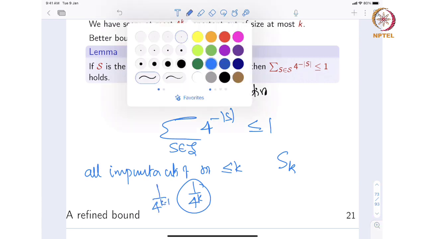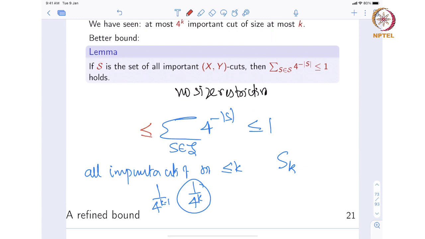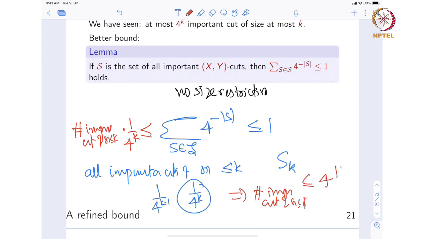So I can come up with a lower bound. The sum is at least the number of important cuts of size at most k times 1 over 4 to the power k. So that implies that the number of important cuts of size at most k is upper bounded by 4 to the power k.